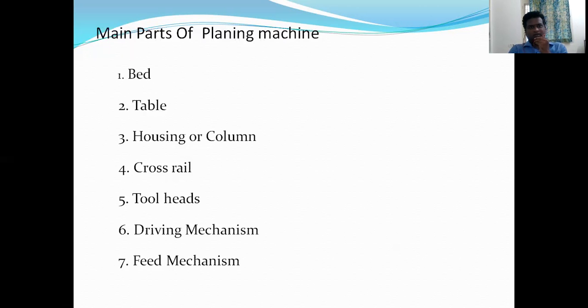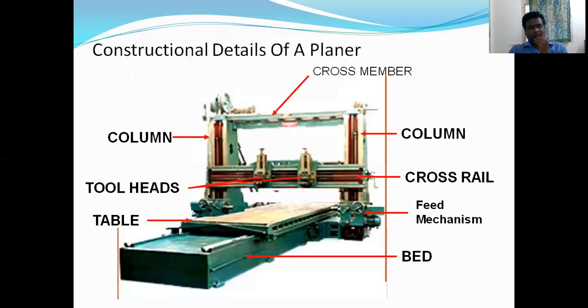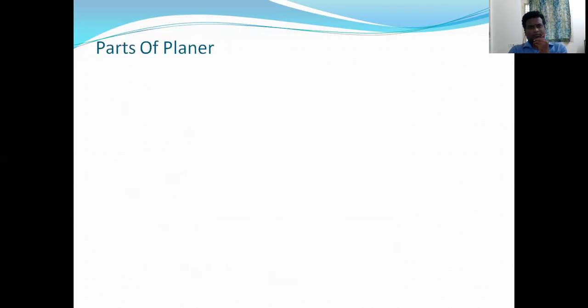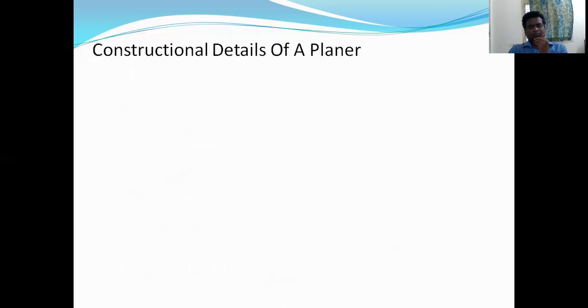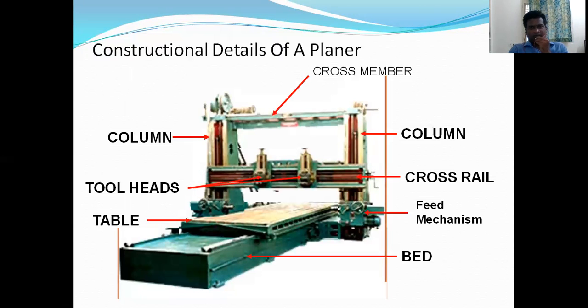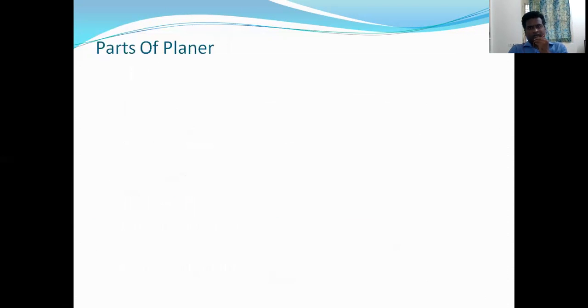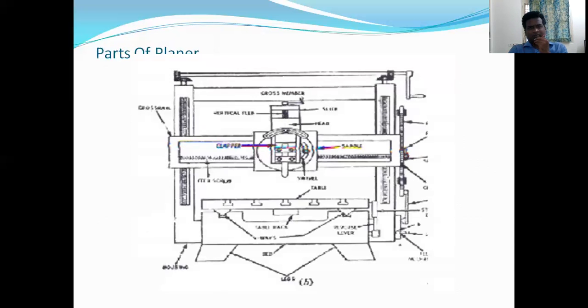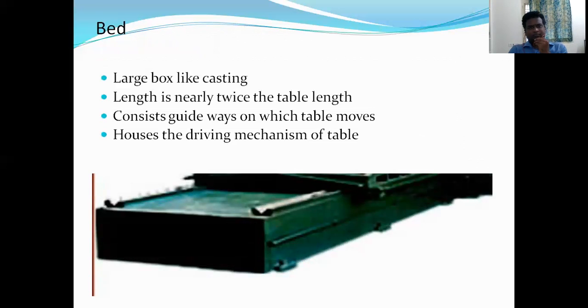That is the base of the machine. So in this diagram we have a curve. These are the constituent parts of the planer.